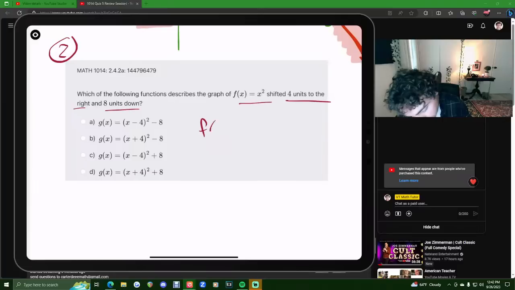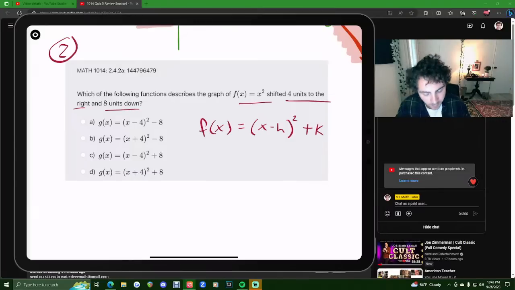We treat it as x minus something squared plus something. And so minus h is describing the shift horizontally. So anytime you see some situation going on inside parentheses where it's like x minus something or x plus something, that's describing a horizontal shift, left to right.